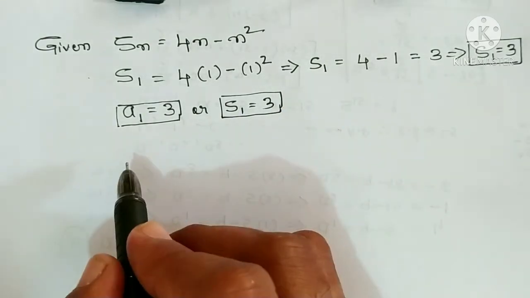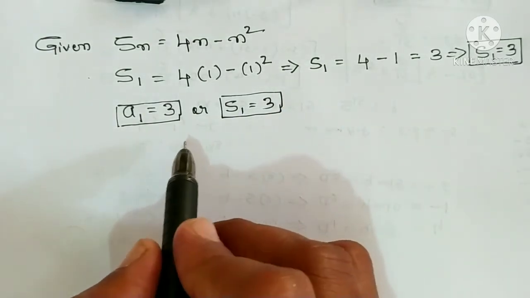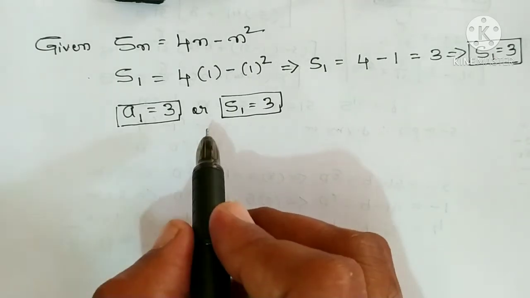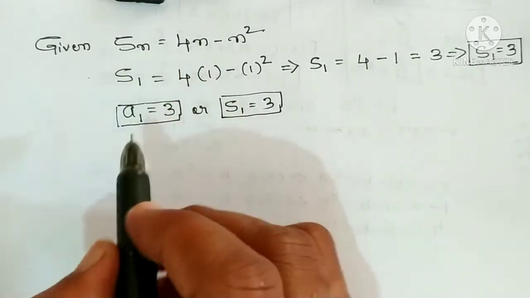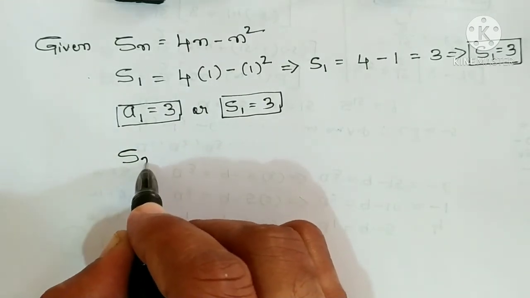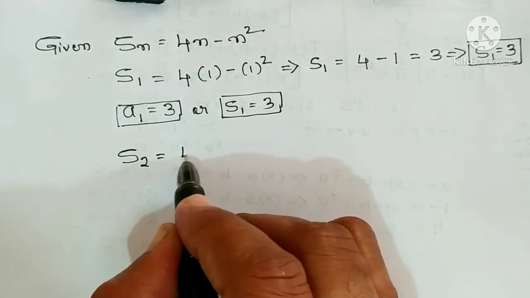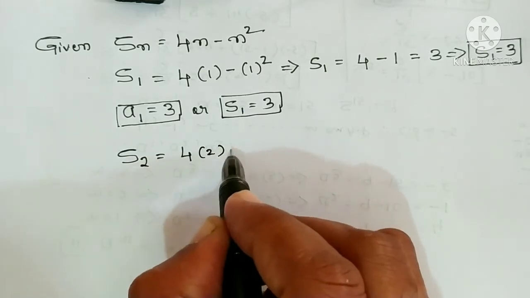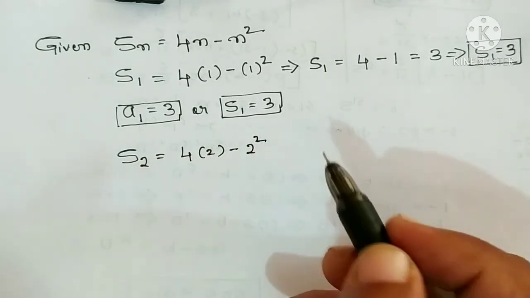So what is the sum of first two terms? That means we can take here n is equal to 2. So S2 is equal to 4 into 2 minus 2 square.